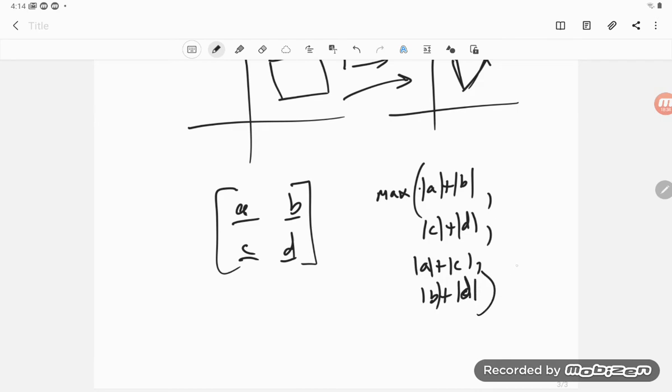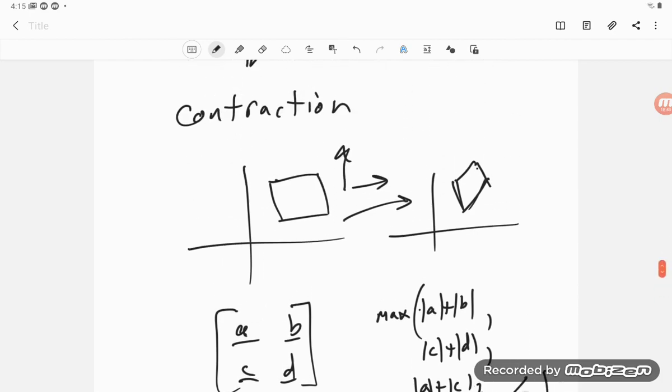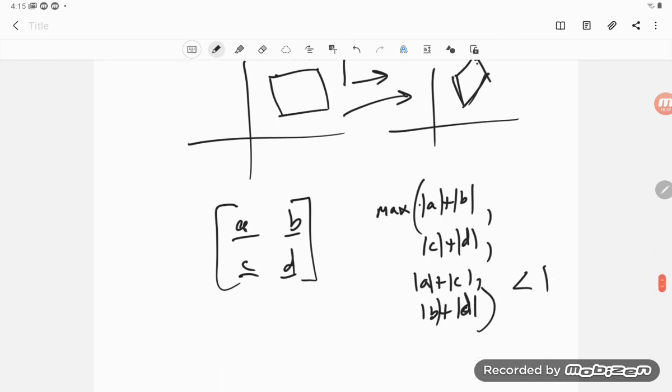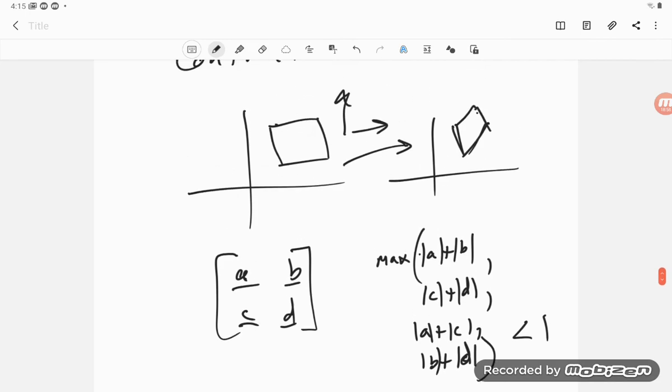If that maximum is less than 1, then we definitely have a contraction mapping in the way we look at it, our Euclidean geometry. Okay, so it's not an exact thing, but it's a nice rule of thumb that's very, very easy to check.